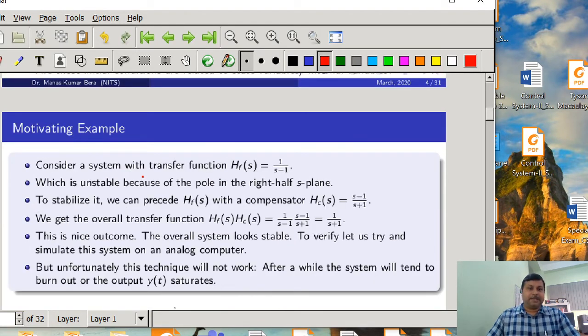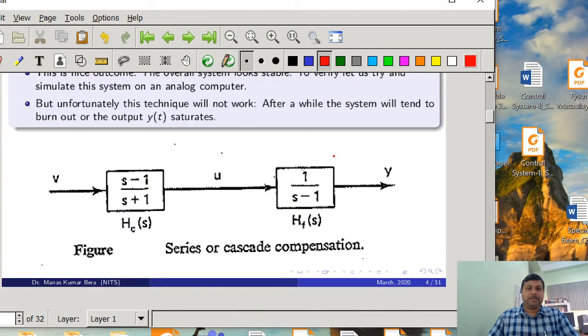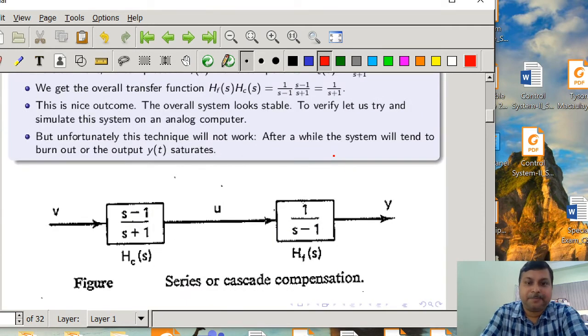In this example, we have taken a system with transfer function H(s) = 1/(s - 1). U is the input and y is the output. From the representation, you can understand that it is an unstable system.